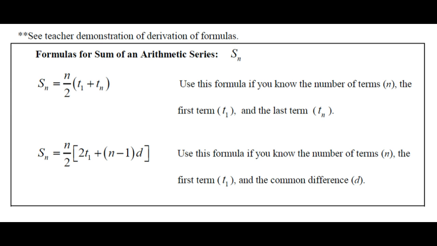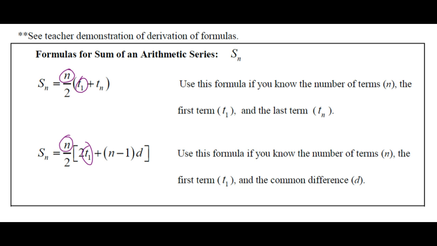Backwards, right? Rearrange the pages later. So you use this formula. Now, if you look at the formulas, what do they have in common? They both have an S sub n, because that's really the objective here: we've got to find S sub n. In order to do that, we need n, because that's in both formulas, and I see t sub 1 in both formulas.